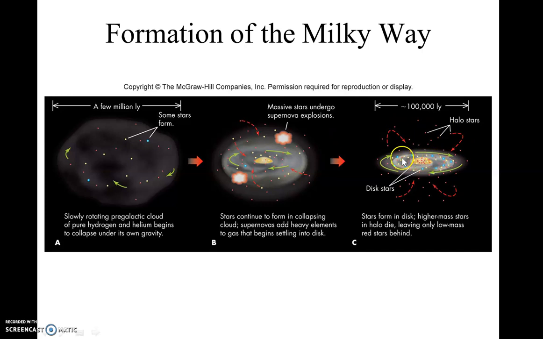Then as the disk of the galaxy evolves, more stars undergo supernova, and further evolution takes place. And then, of course, you eventually get stars like our sun forming, which has about 2% of its mass as metals.